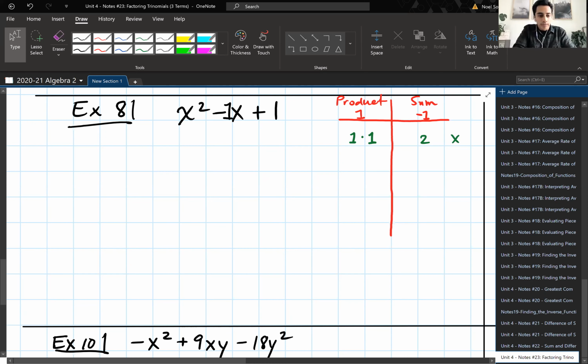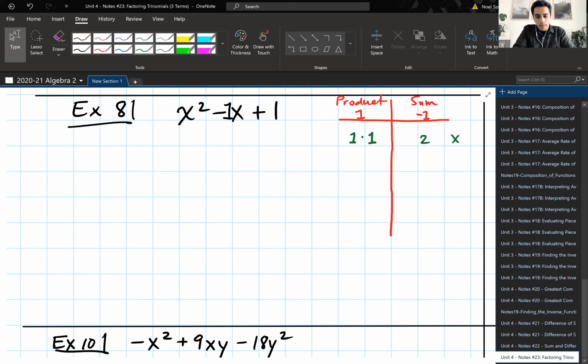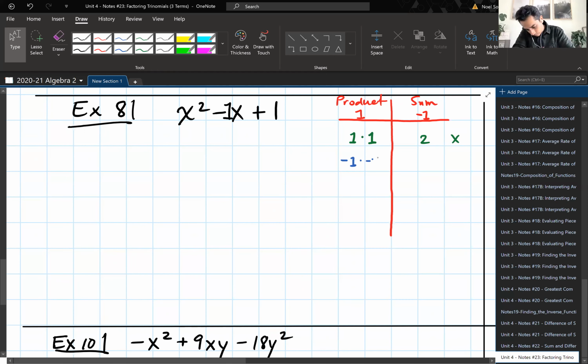What's the other possibility for us to get a product of positive 1? It would have to be -1 times -1. But when you add -1 plus -1, what do you get? You get -2.